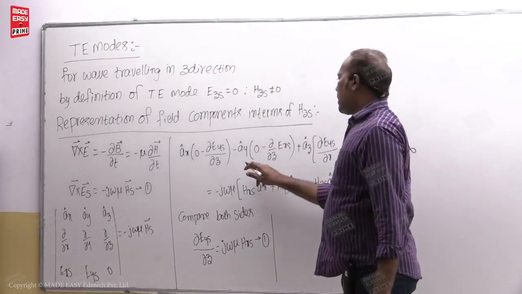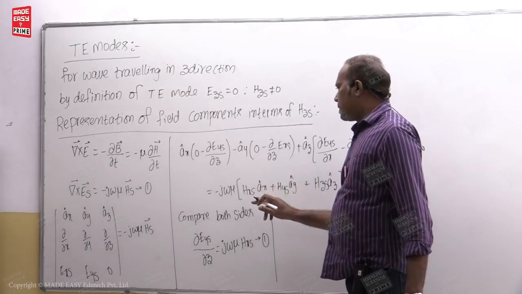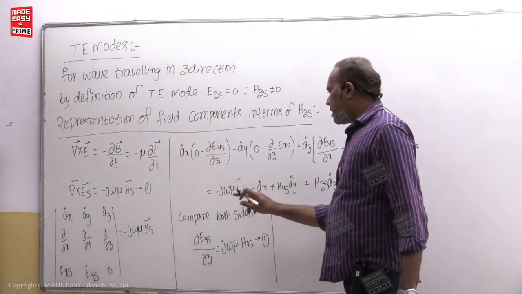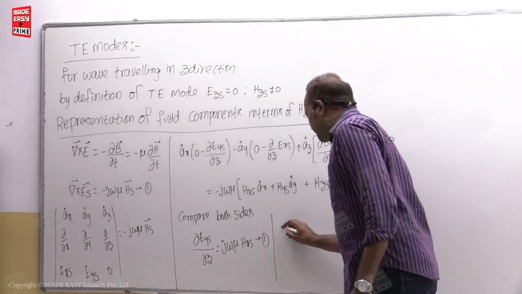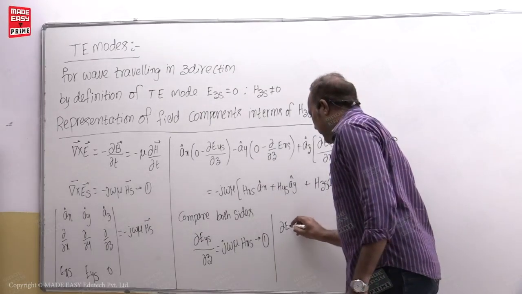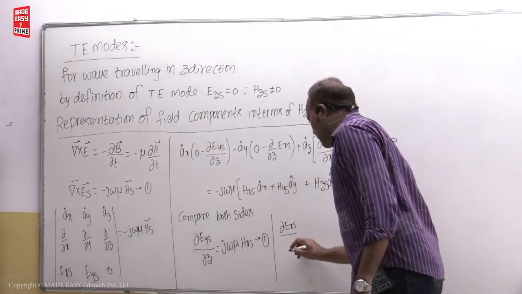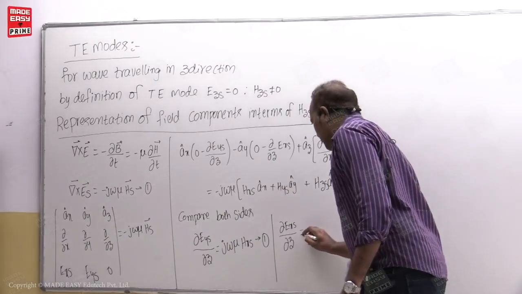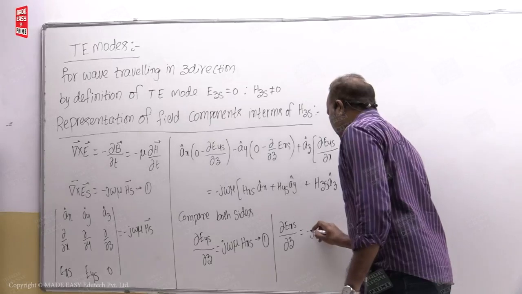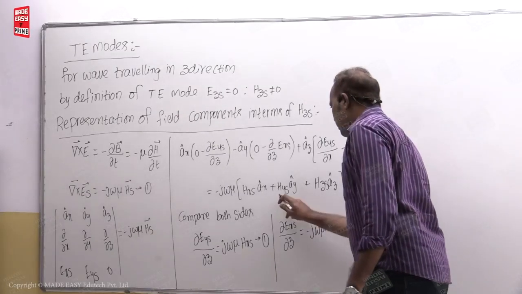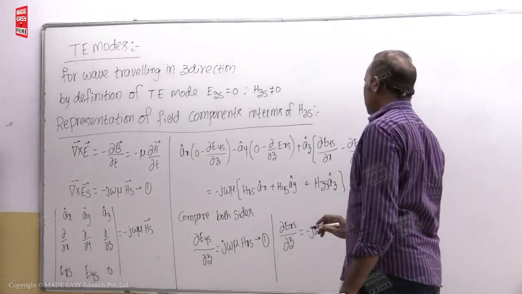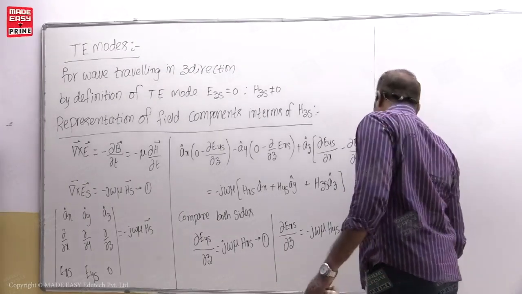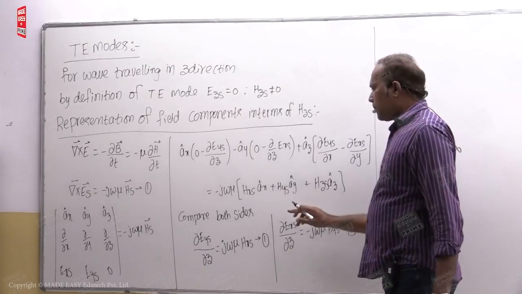Similarly, if you compare the y component, minus into minus is plus, then here minus is there, this is the y component. So ultimately you have ∂Exs divided by ∂z is equal to minus jωμ Hys. So this is equation number 2.